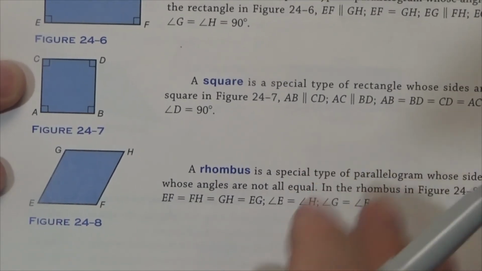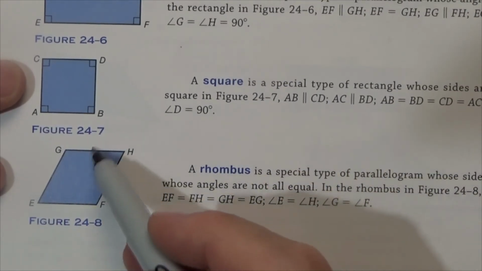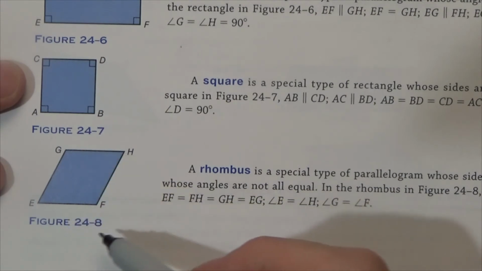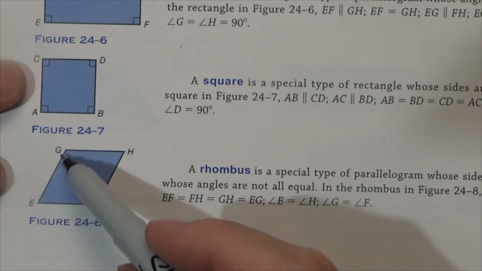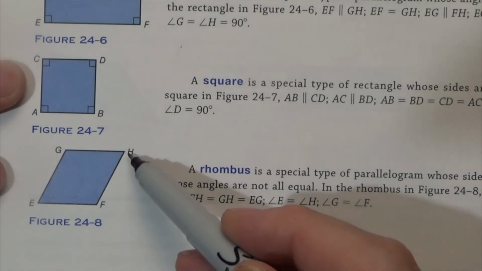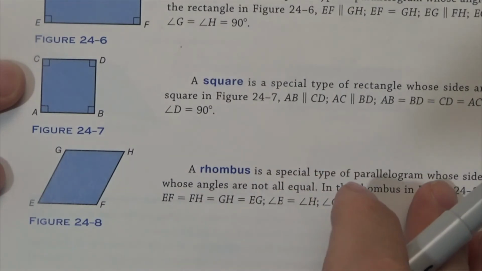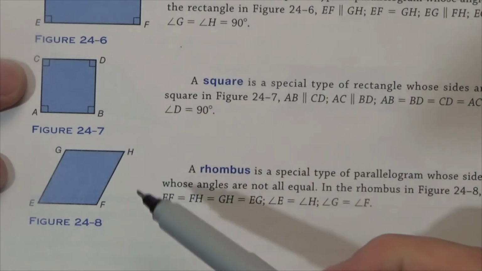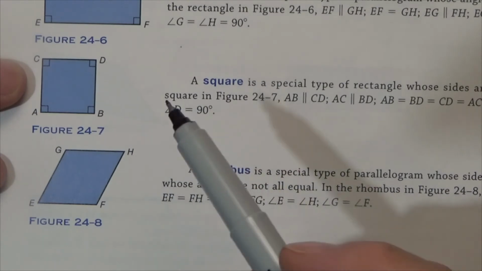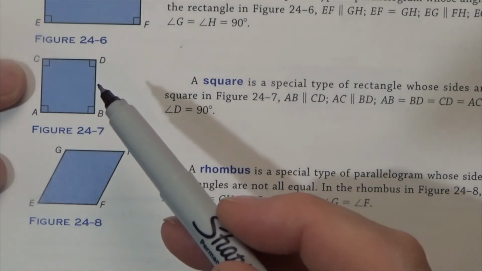Now, a rhombus is a parallelogram because the opposite sides are parallel. All of the sides are the same length, so GE is the same length as HG. So all of the sides are the same. However, the difference between a square and a rhombus is that on a square, all of the angles are 90.